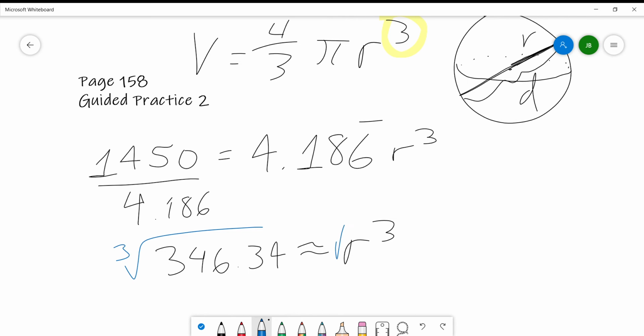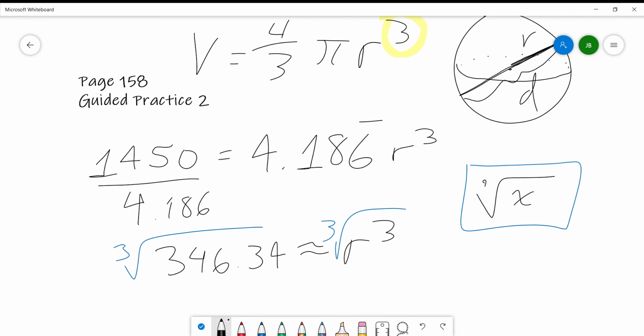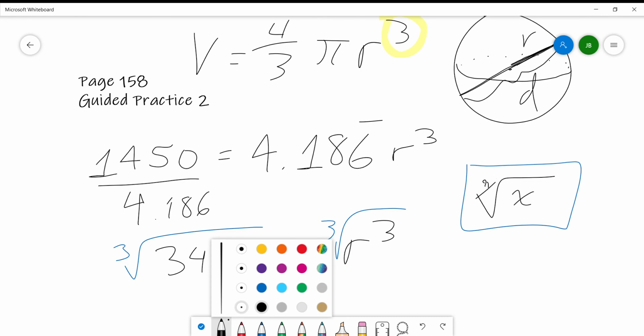Cube root. Guys, if you have a root button on your calculator, like x to the root of y, that would be so much easier. Then you can just punch in your button, so x is always the first number.